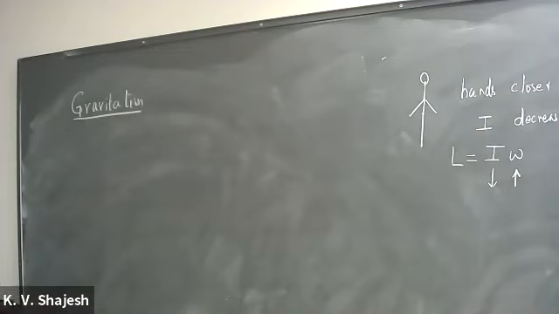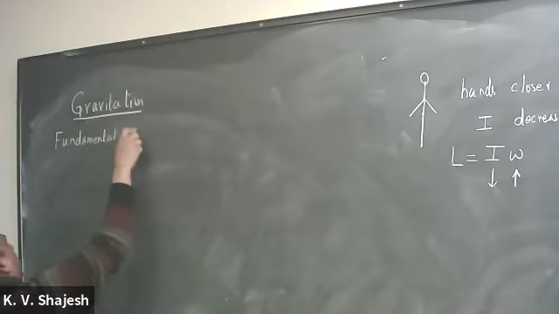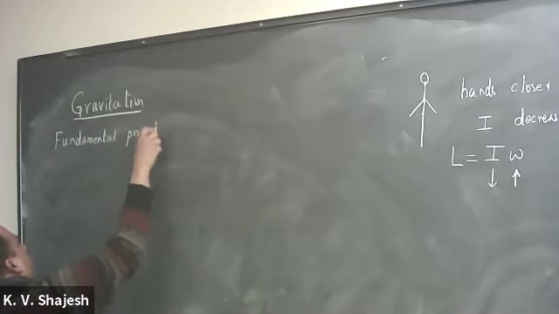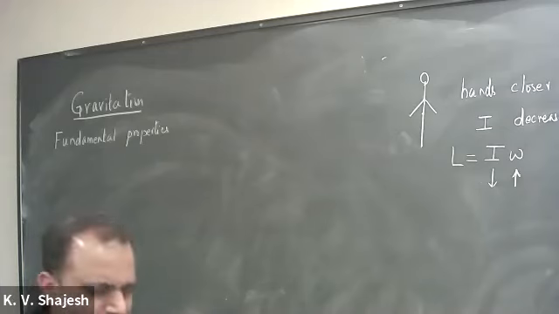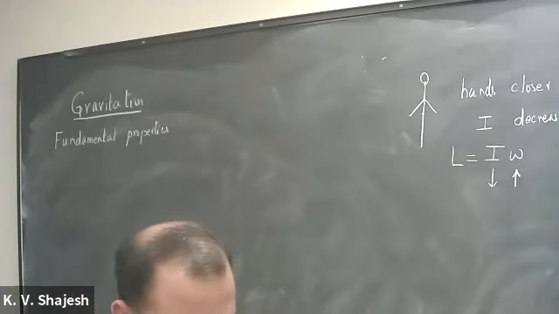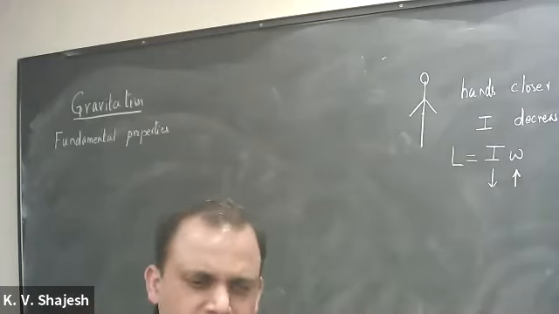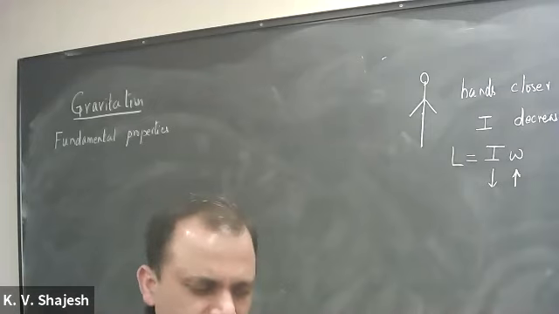Gravitation depends on a property called mass, and I should specify everything. So there are some fundamental properties of an object. Let's say you keep breaking a given object into smaller and smaller pieces.